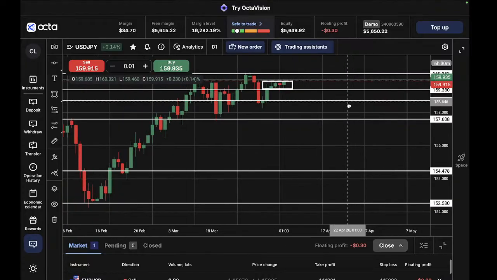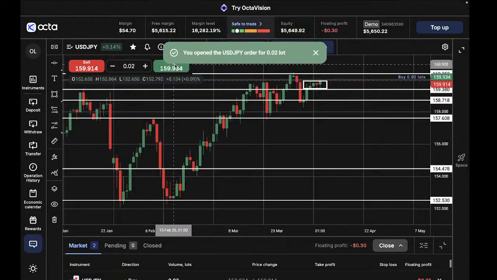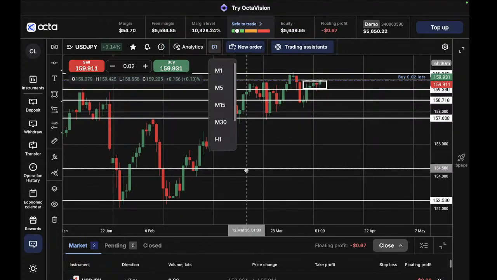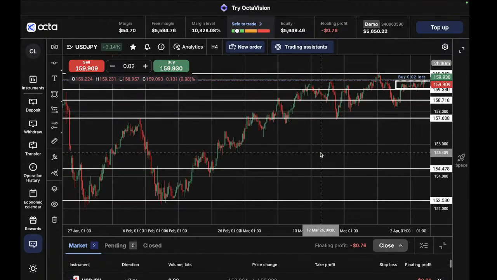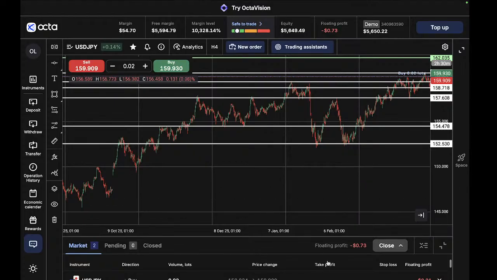Okay. So we take a buy position, yeah? Alright, taking a buy position. Let's go down to the 4 hour time frame. So we set the take profit to 162.035.